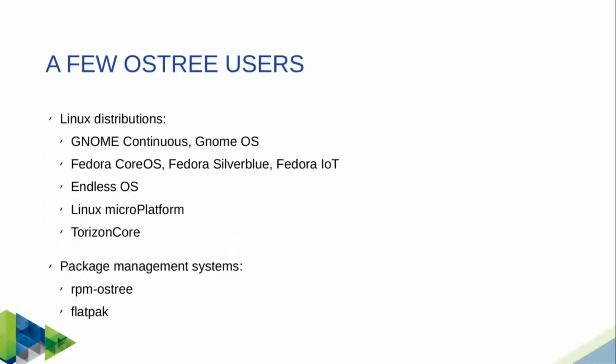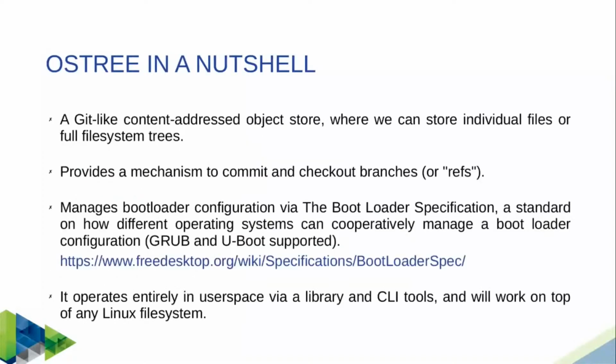So OSTree, in a nutshell, as I mentioned, is a Git-like content-addressable object store. So you can store objects and you can recover objects from the repository. You can store individual files, or you can store full file system trees or your complete root file system.